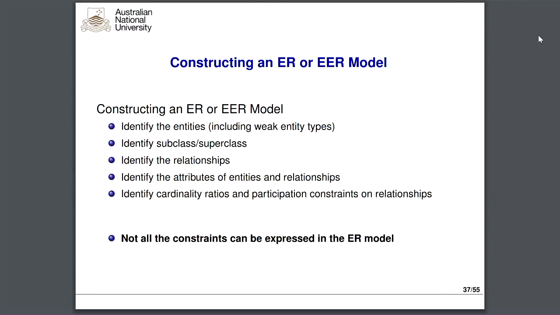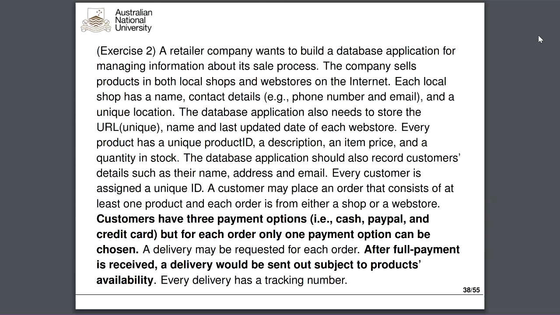And not all the constraints can be expressed in a diagram. There is some other information that may not be able to be expressed in the diagram. For example, after full payment is received, a delivery would be sent out subject to product availability.